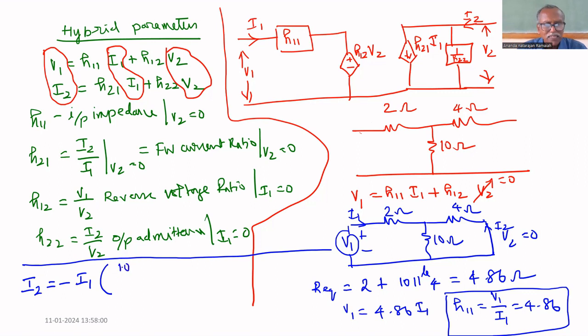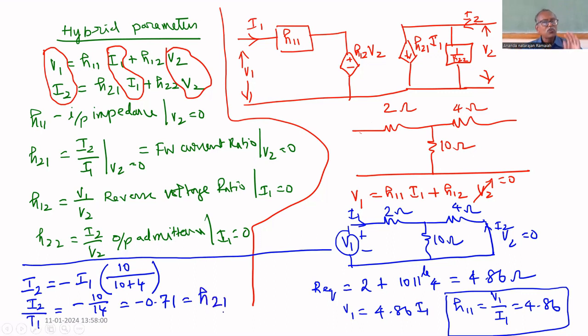Therefore, other branch resistance divided by sum of resistances: I2 divided by I1 equal to minus 10 divided by 14, that is minus 0.71. That is equal to H21. We got two parameters.